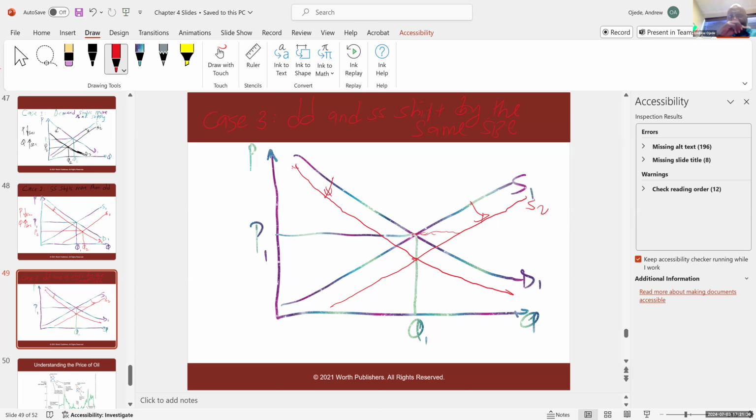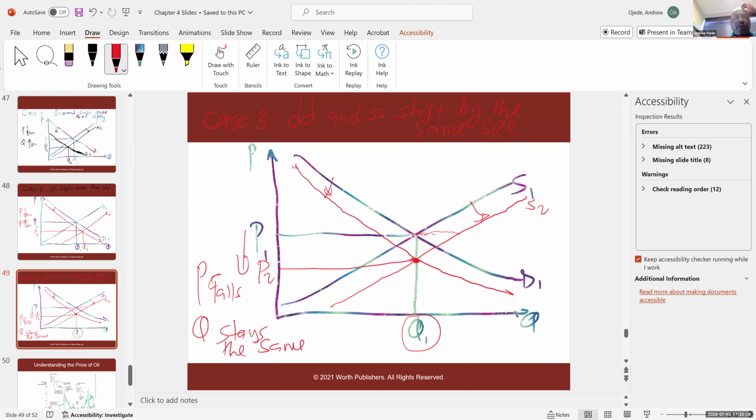So under this case, you can see the new equilibrium is where the two red lines intersect. Price still falls in this case, but the change in equilibrium quantity is constant. Equilibrium quantity stays the same. So here, P falls, Q stays the same under this case.